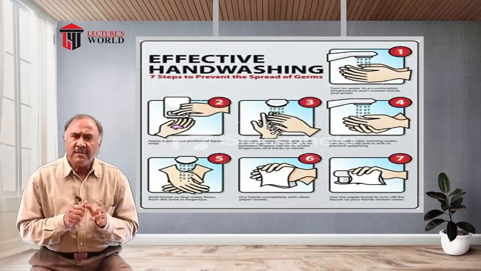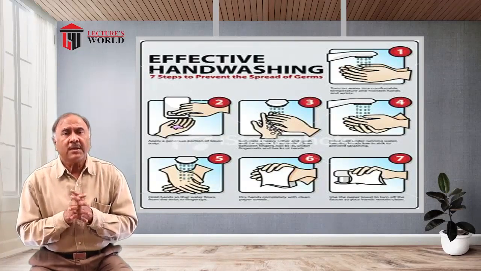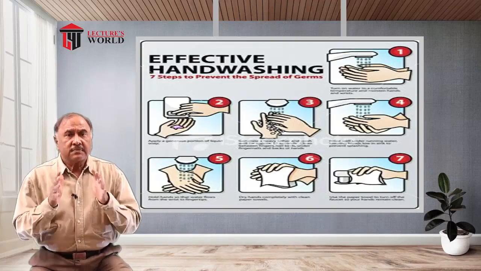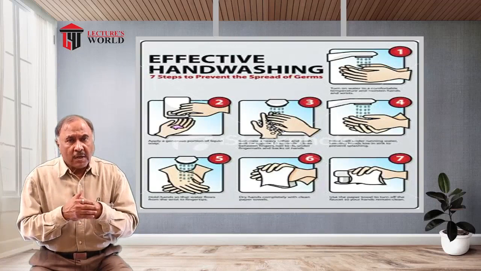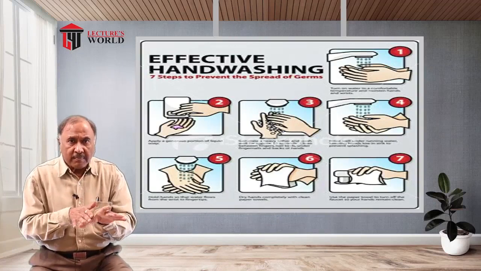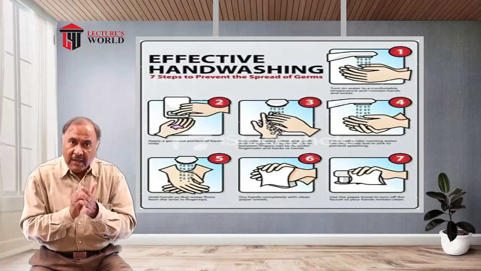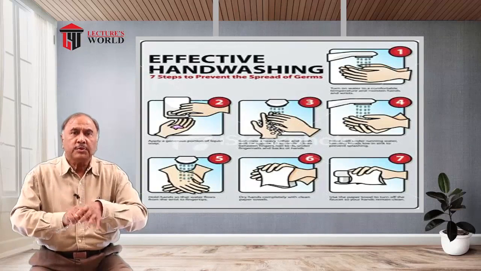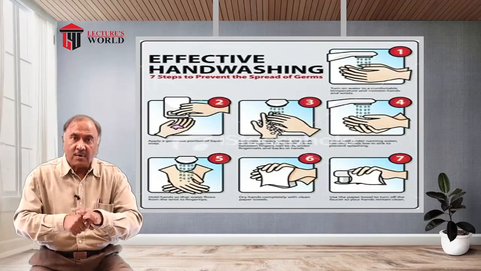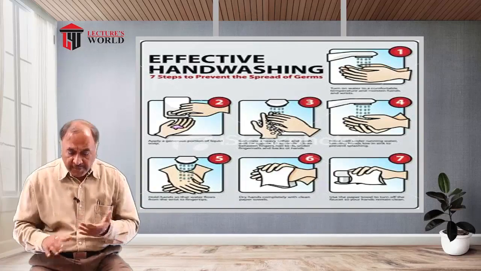See that each and every nook and corner of your hands, palms, the upper surface of the palm, forearm, then the places in between your fingers, your nails, you have to scrub them. You have to use thumbs also to clean them. You have to clean the thumbs like this alternately.